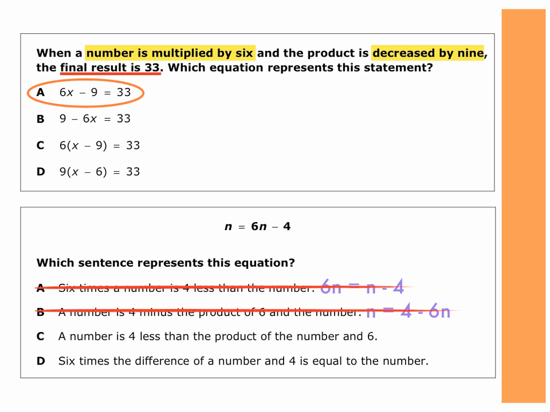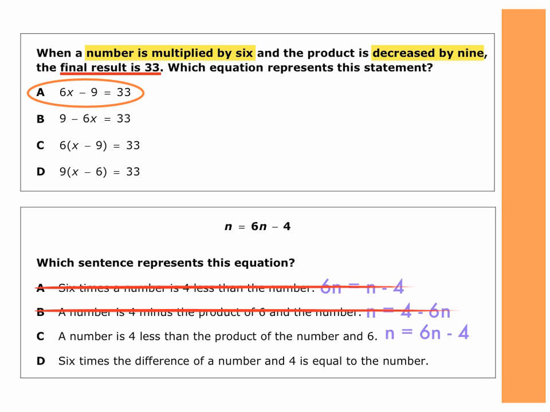C says a number is 4 less than the product of the number and 6. Four less than means our order is going to flip, so n equals 6n minus 4.